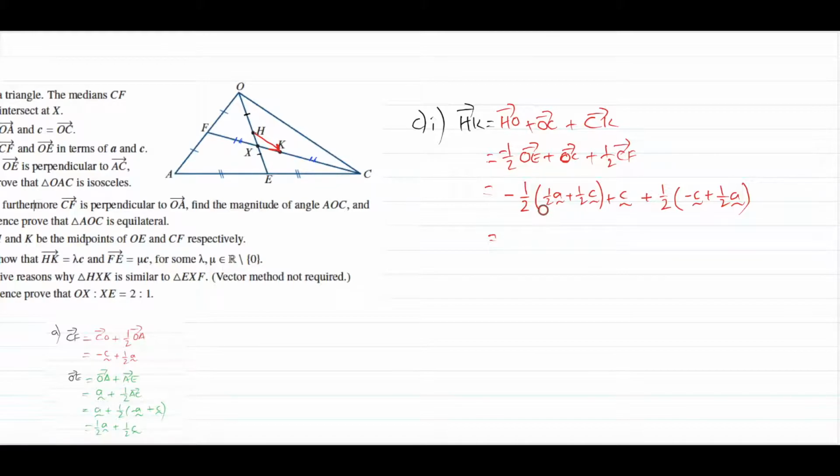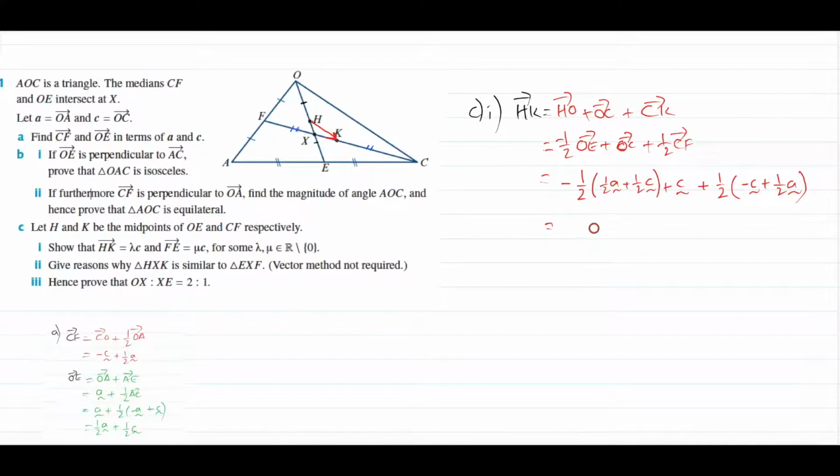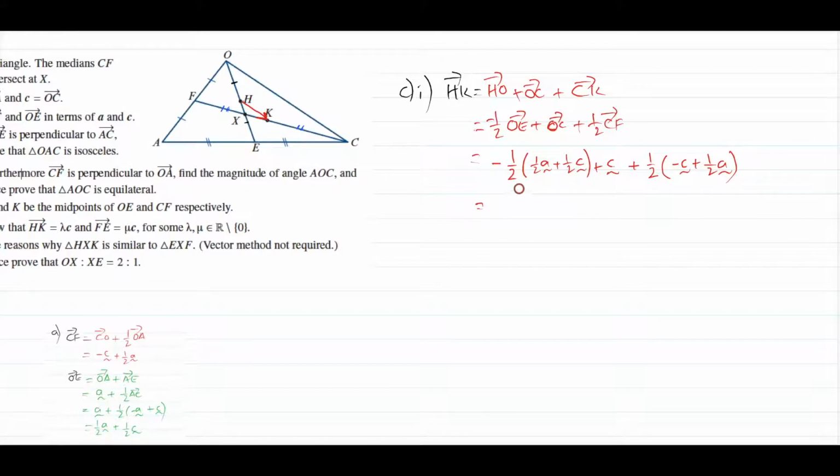And we should get it in terms of C only, because the question says it's lambda of C, so there's no A. So if you did everything right, this part should only have vector C in its expression. Half, that gives us 1 on 4 times vector C. Okay, so that's what HK is.